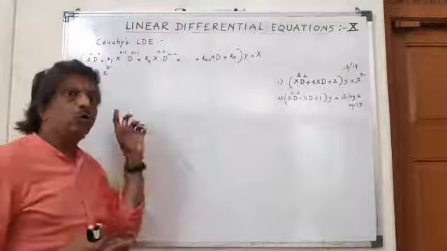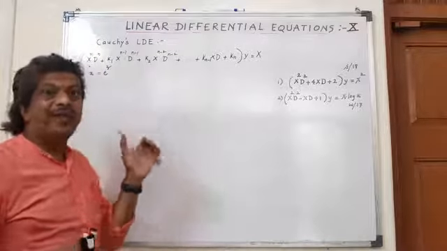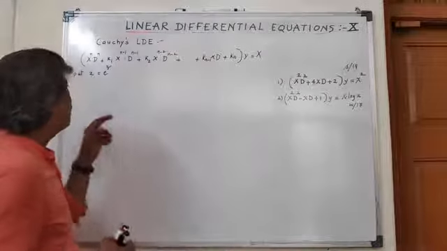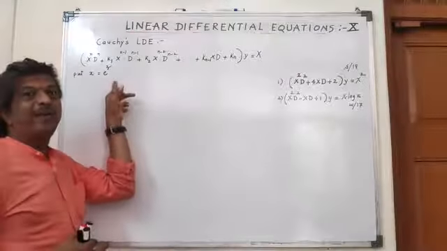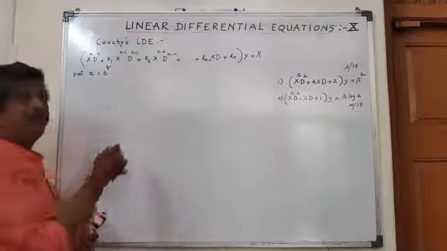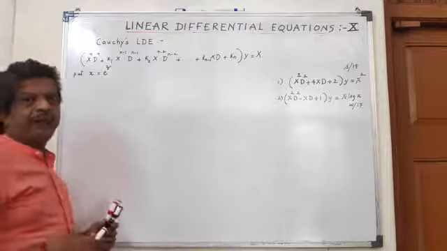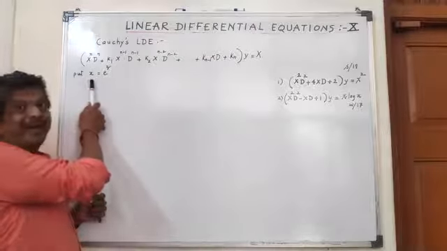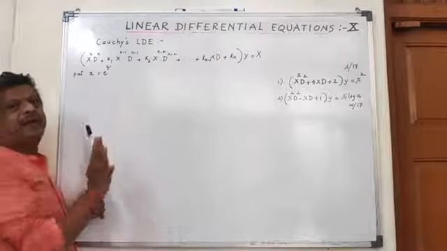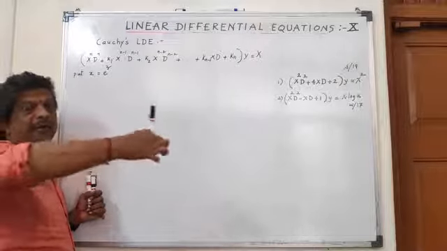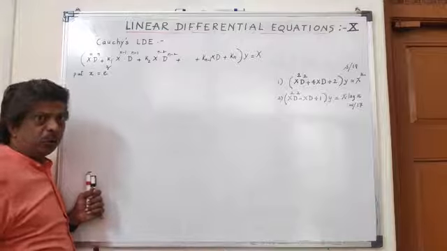So, how to solve such a linear differential equation? Cauchy says first we shall substitute x equal to e raised to the power z. Here capital D is d by dx. The independent variable x, we are substituting as e to the power z. So we are transforming one independent variable to yet another independent variable. You should note this.